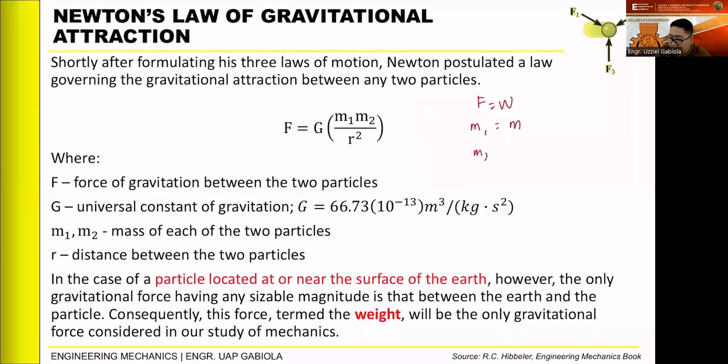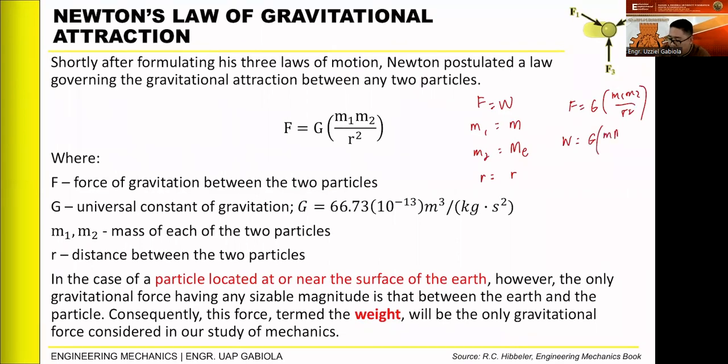R is the distance between the Earth's center and our particle, so its value will be constant. Substituting into the formula F = G M1 M2 over R squared, we get W = G times M times M_E over R squared.